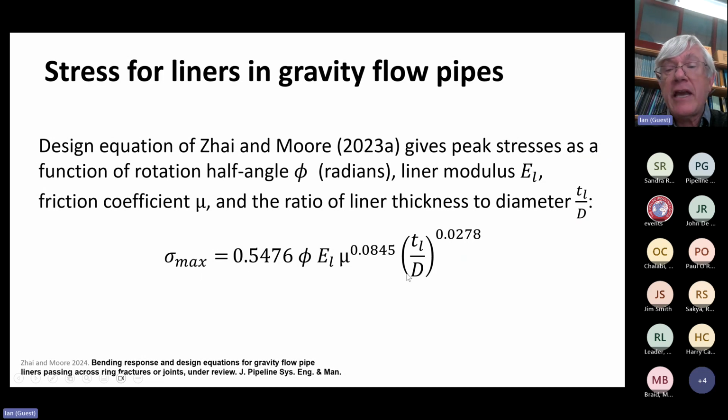And this is essentially a curve fit to those finite element results. So we've now got an equation that allows us to estimate the longitudinal bending stress that we will develop in this gravity flow liner, or this liner in a gravity flow pipe, based on these parameters.